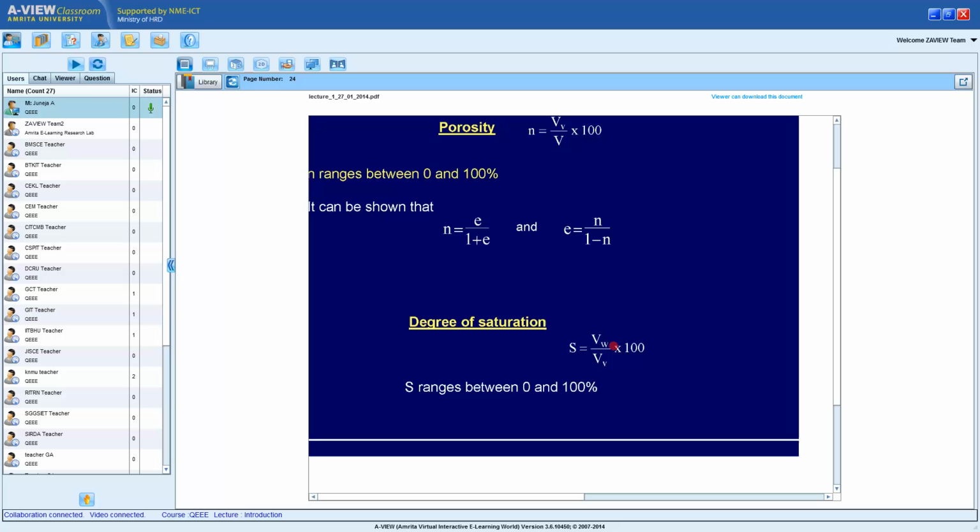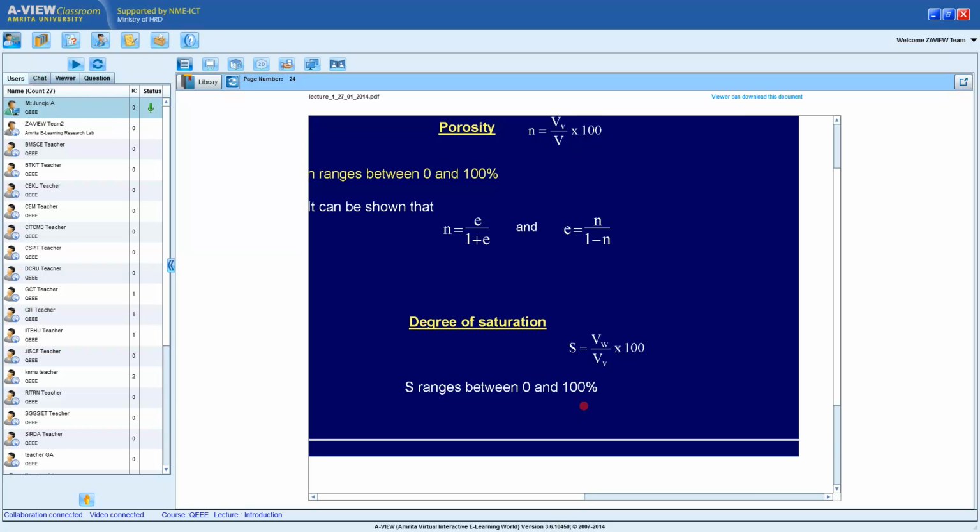If you look at this term very carefully, the numerator is dependent on the denominator, because volume of water will always be less than the volume of voids. In other words, this ratio will not exceed 1. Or if I want to write this in terms of percent, this percentage will not exceed 100%.